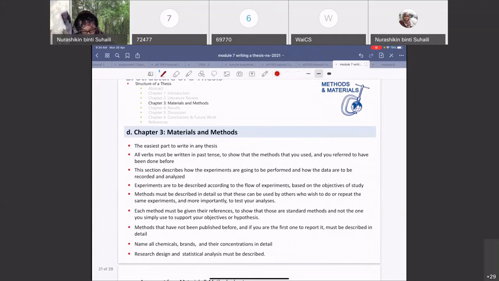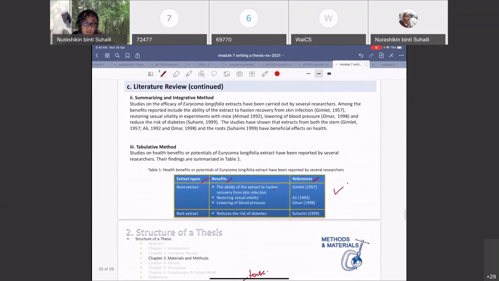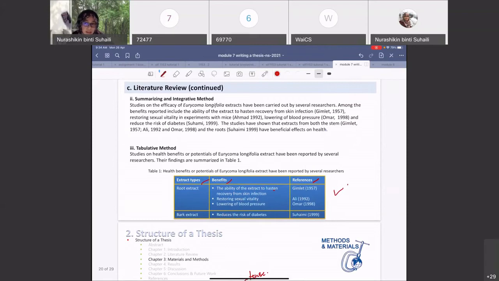Materials and methods. The only difference between this chapter and the proposal is the tense. For the literature review, you have to use past tense for both proposal and thesis, because those refer to things that were already reported, unless the points are scientific facts that are still valid.